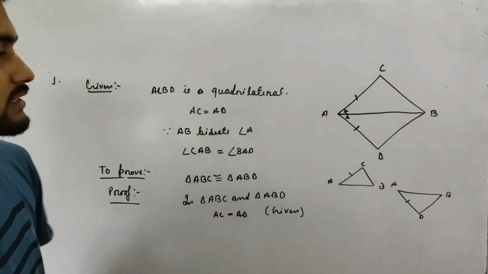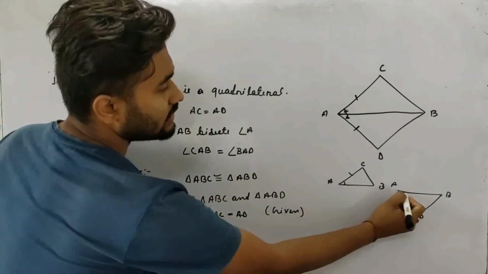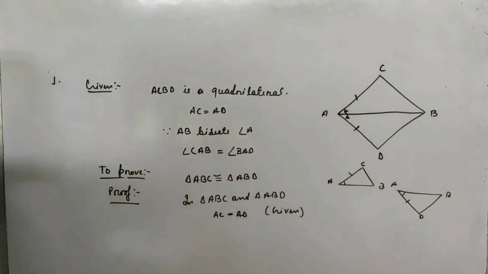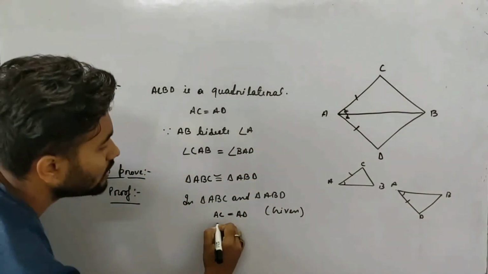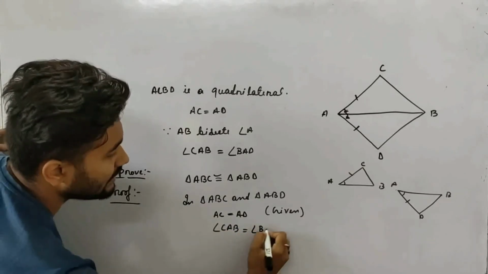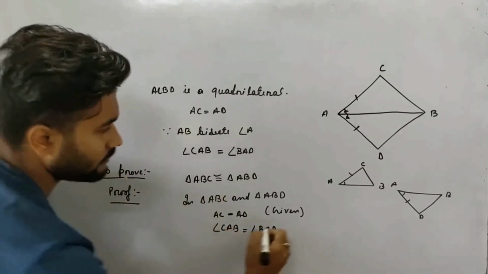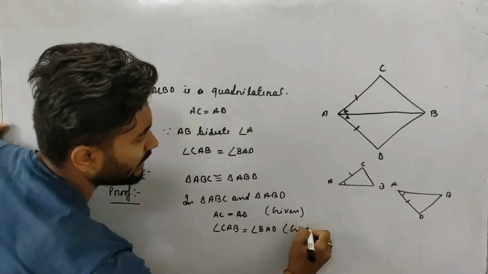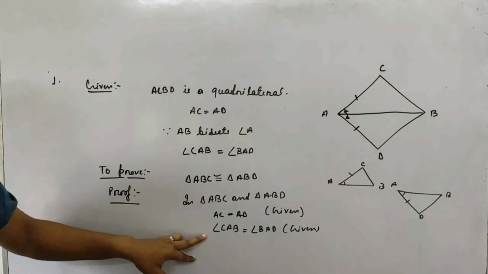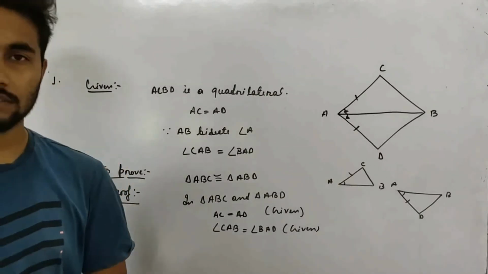Next, this angle is equal to this angle, already given. Bisector. So angle CAB is equal to angle BAD. One side we have shown, one angle we have shown. One more is necessary.